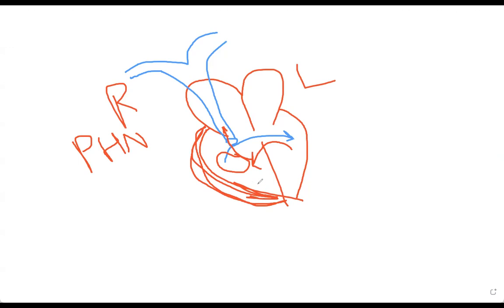The blood which is not able to enter the pulmonary artery will go in the reverse direction, and some of the blood will enter the right atrium, that is TR. The right atrium will also become bigger.